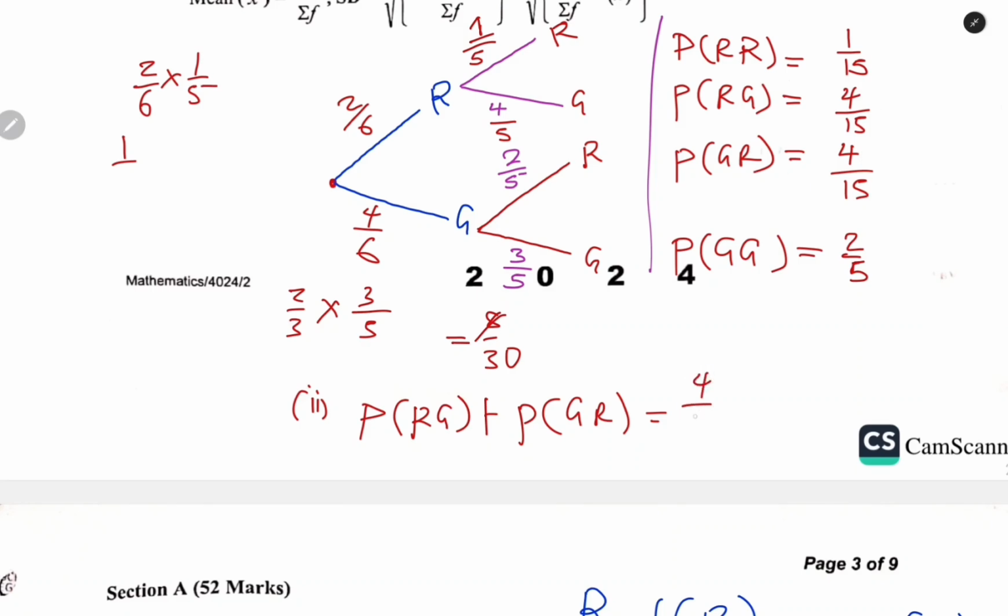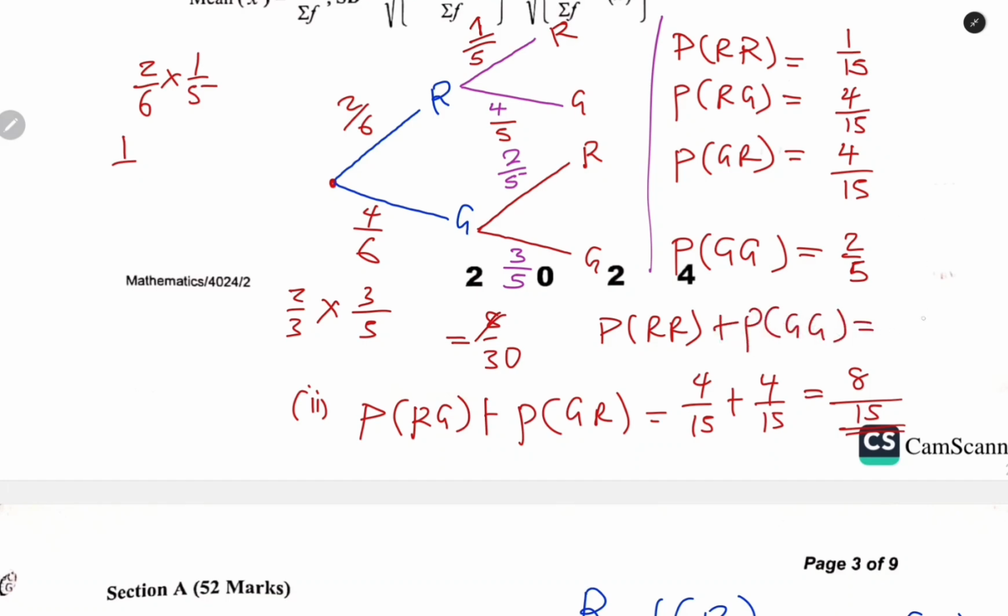So 4/15 plus 4/15. Lowest common denominator is 15. Then on top, 8. So 8/15. That is the probability of different colors. What if it was the probability of same colors? So you're going to say probability of red plus probability of green.